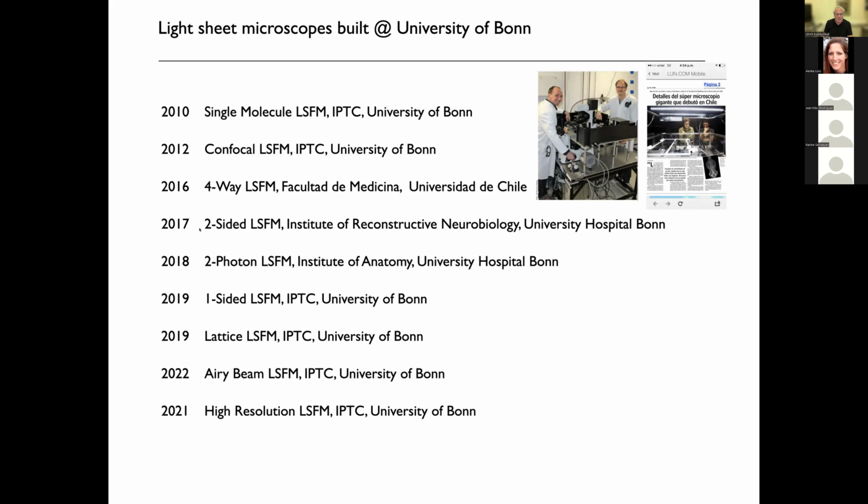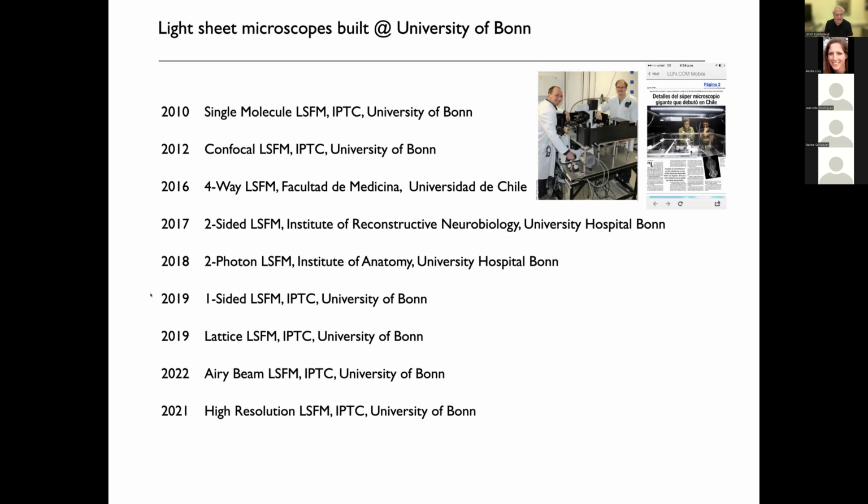Okay, after that instrument, we built more confocal light sheet microscopes. We built one for the Institute of Reconstructive Neurobiology in the University Hospital in Bonn, another one for the Institute of Anatomy. And then we have developed 4 further instrument types in my working group here.